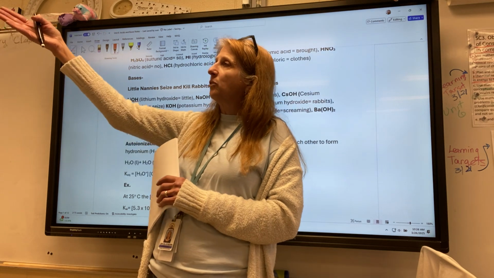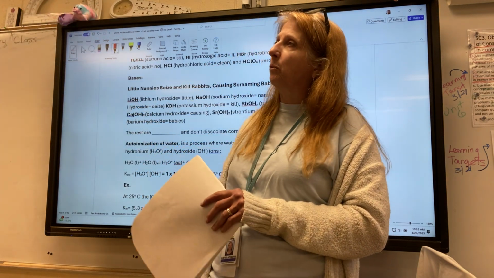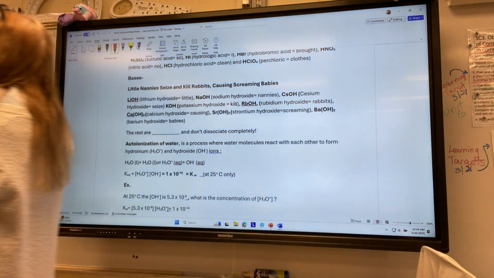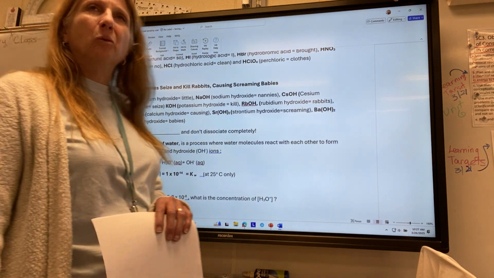But one of the things was one of our students made little laminated things of these to help you remember. And for the strong acids, they did, So I Brought No Clean Clothes. But for the bases, they may have this one. Lily and Nate robbed a bank and kept a crispy spark of cash. Do you like that one better? I forget who robbed the bank. I'm like, who was it who robbed the bank?